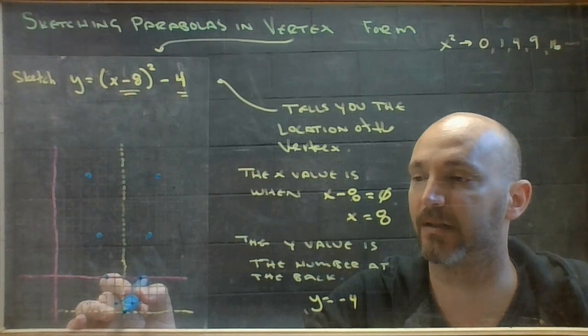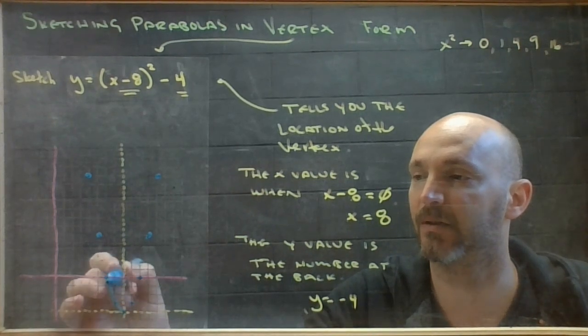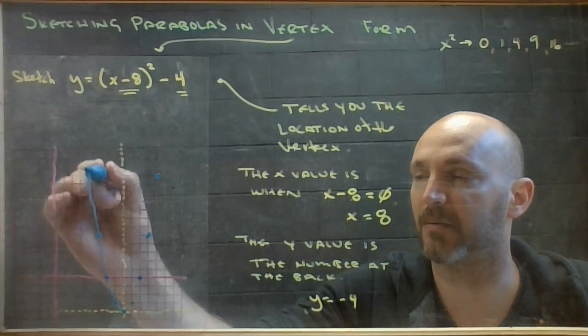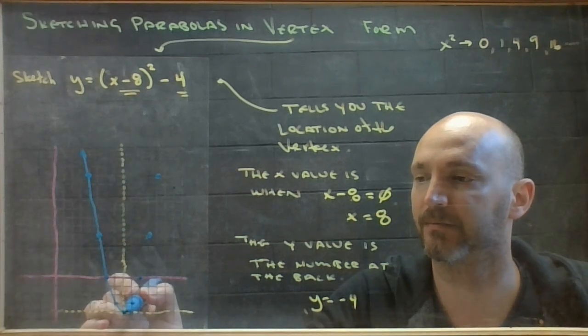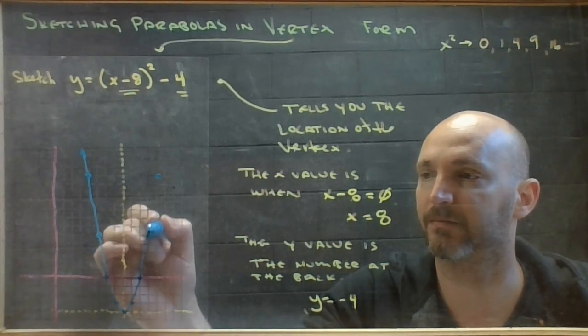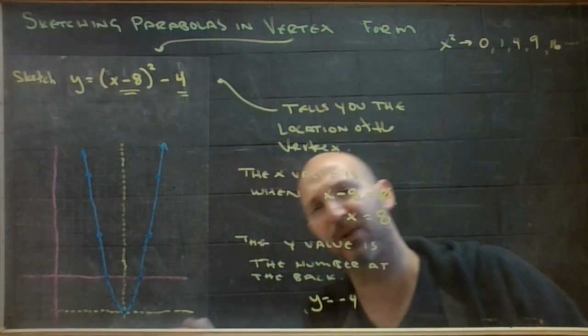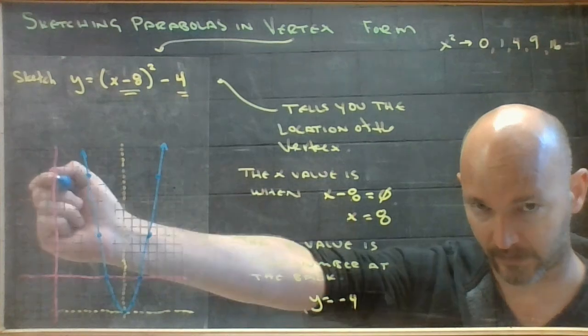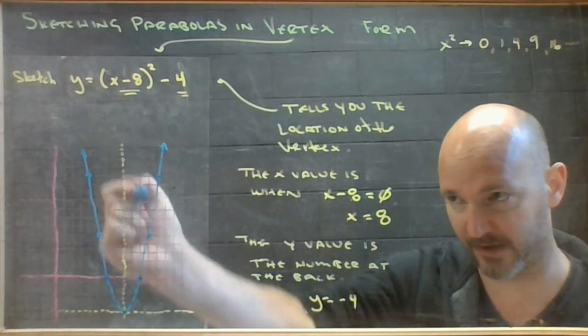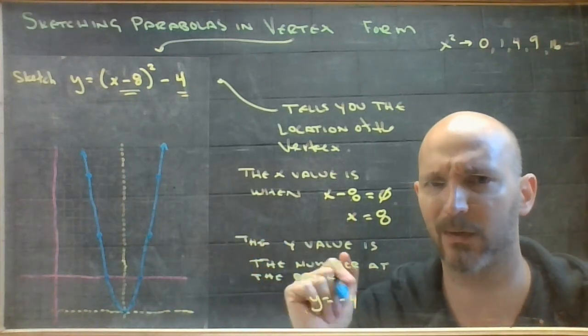And I can draw in this beautiful parabolic curve. It's pretty good. It's a little hard to draw nice curves when your arm is stretched out like that, but I think that one went well.